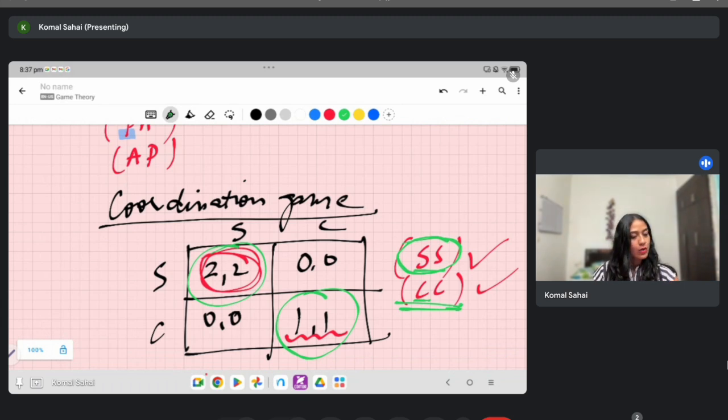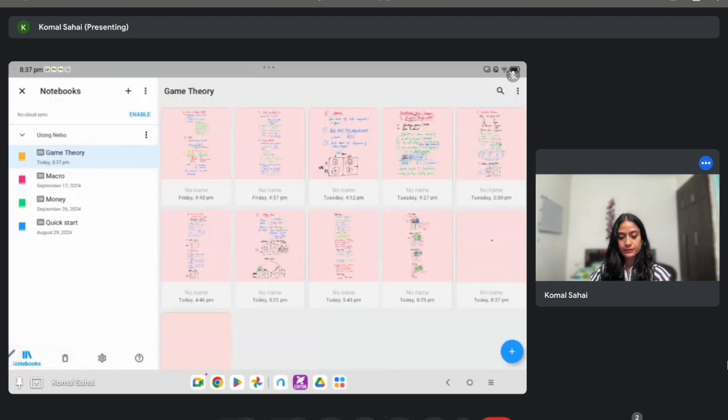So now let us discuss what is called the best response function.